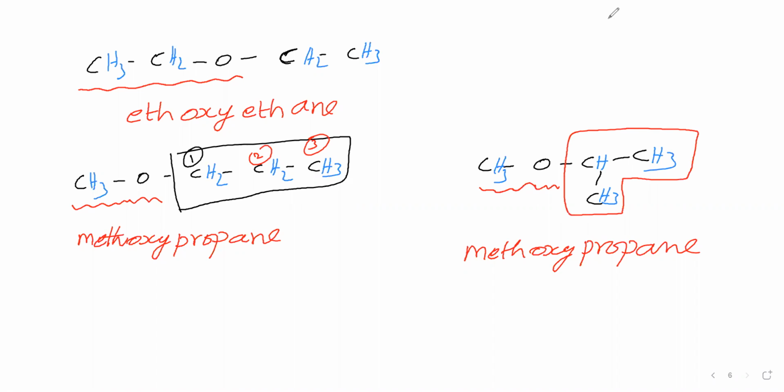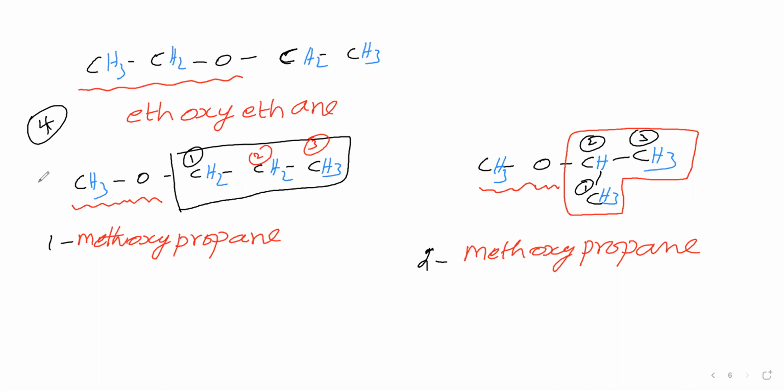Here you can give numbering. How means branch should get least position, like that you can give numbering. Okay, we have given. Here methoxy group attached at first carbon of parent chain, therefore 1-methoxy. Here methoxy group attached at second carbon of parent chain, therefore 2-methoxy. We have written the names for this.